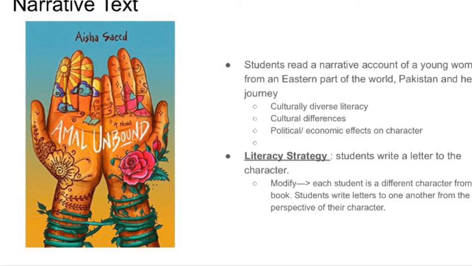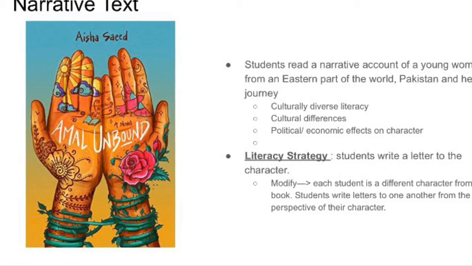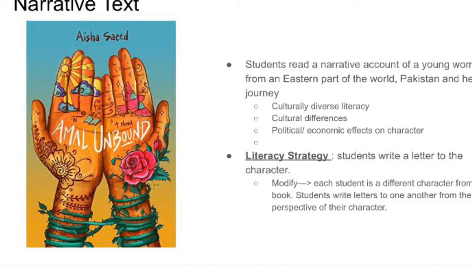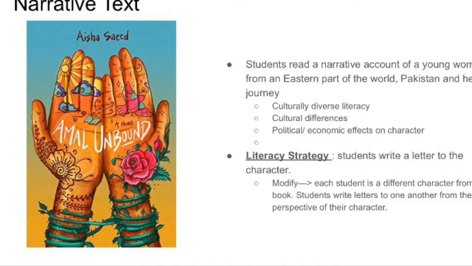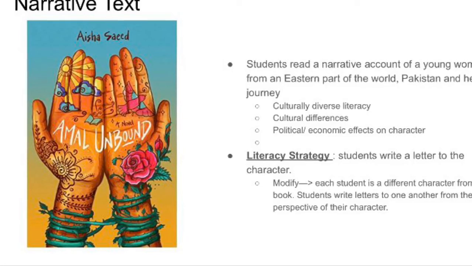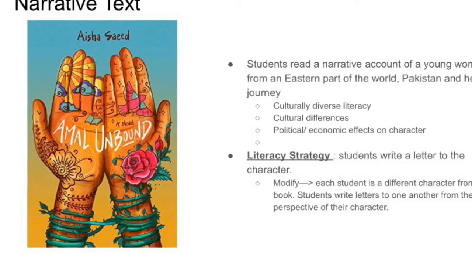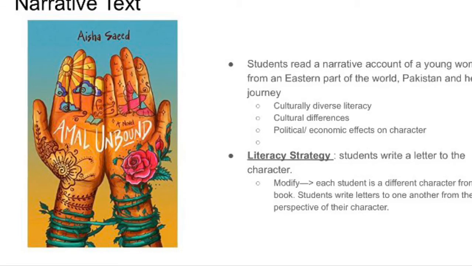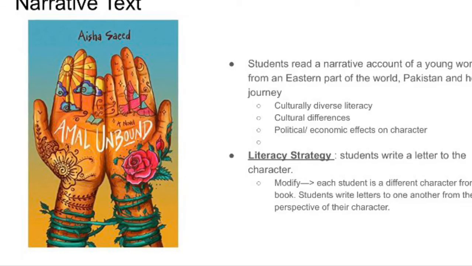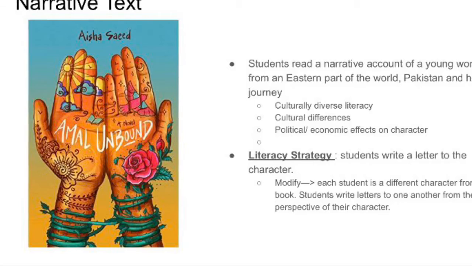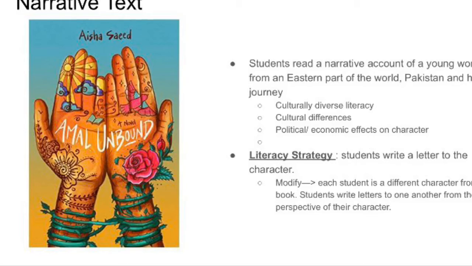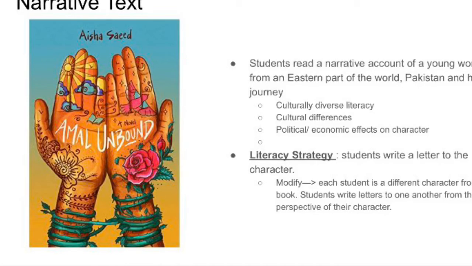Another way this activity can be completed is that each student is a character from the book, or a few students become different characters, and each student can write letters to one another in the perspective of their character. This is a good way for students to develop empathy, engaging social and emotional learning, and also ties in culturally responsive teaching, literacy, reading, writing, and social studies.